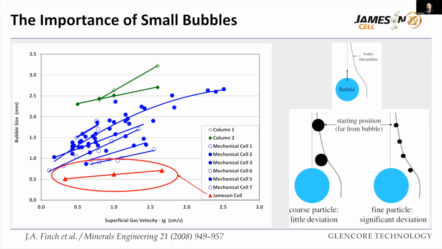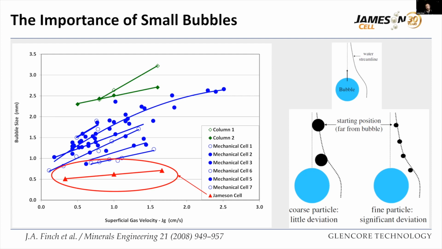And this shows what can happen with a large bubble if you have coarser material or finer material. Coarser material can potentially be okay, because the bubble will be moving through the solution and the particle will be big enough to overcome the gap of the streamline that moves around the bubble.